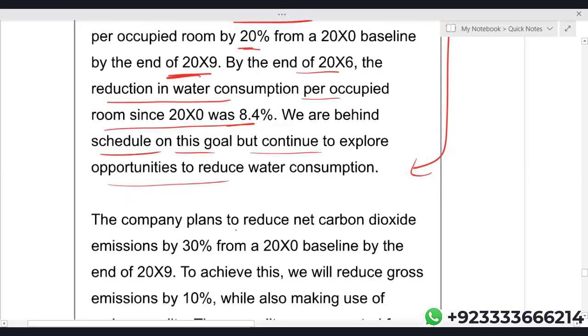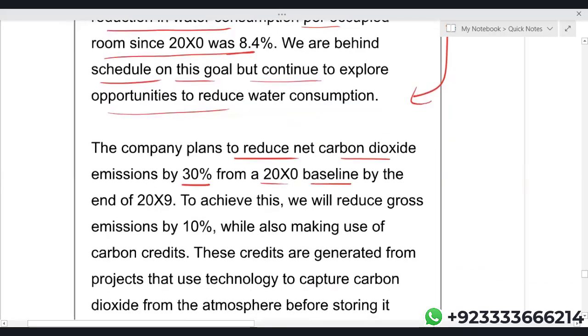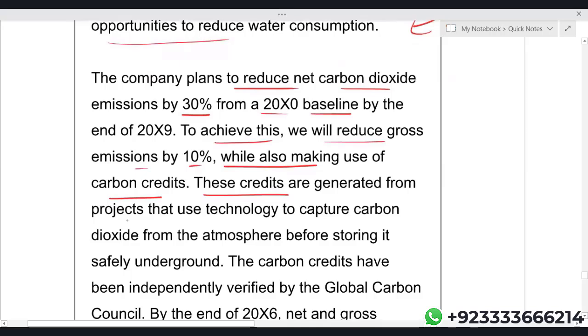The company plans to reduce net carbon dioxide emission by 30% from the X0 baseline by X9. To achieve this, we will reduce gross emission by 10%, while also making use of carbon credits. These credits are generated from projects that use technology to capture carbon dioxide from the atmosphere before storing it safely underground.